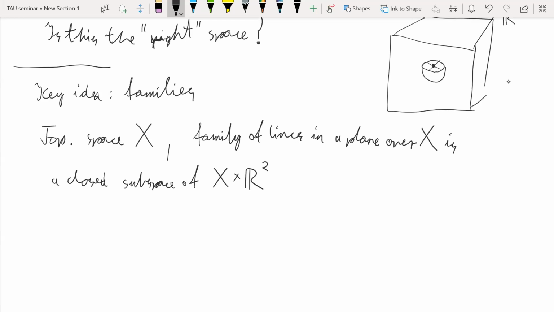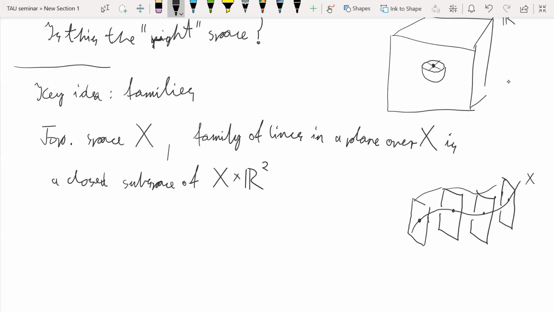So let me try to draw it. We'll have some space like this. This will be my X. And then over every point, I imagine that I have drawn a plane. Like this, roughly. And so this is my whole space. So this is going to be X cross R squared.